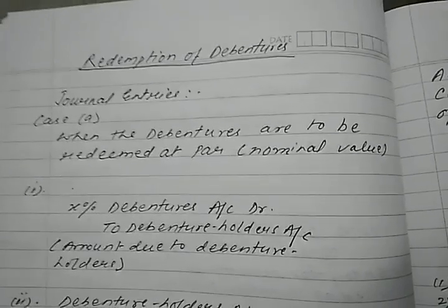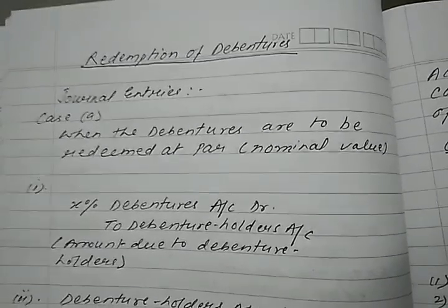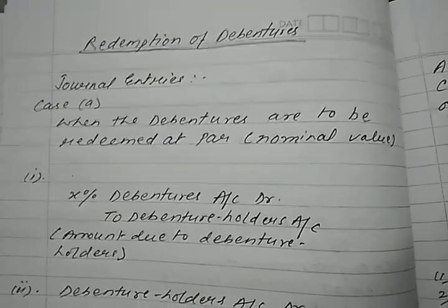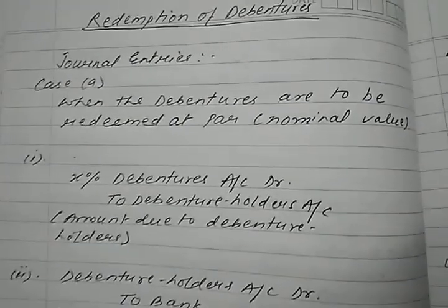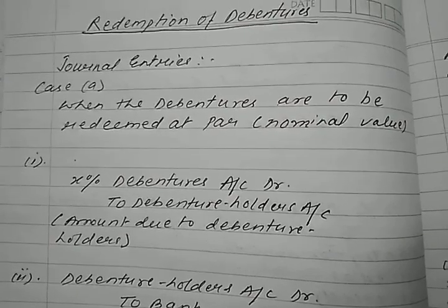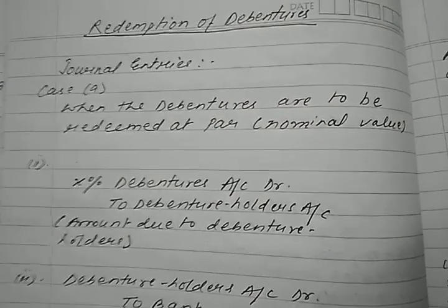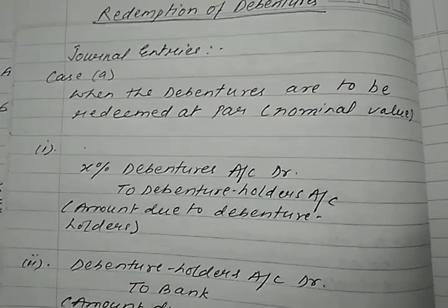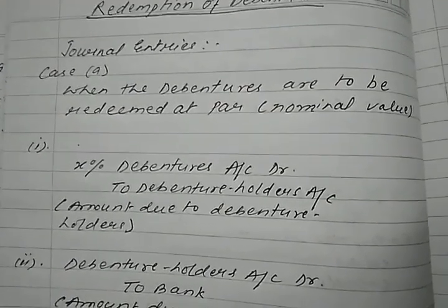They will be our liabilities. And when creditors or liabilities increase, they are to be shown on the credit side. So the same thing is done here in the very first journal entry. You can see the debenture holders are shown on the credit side.